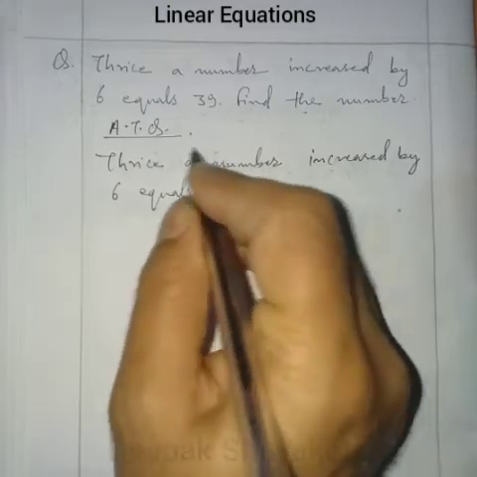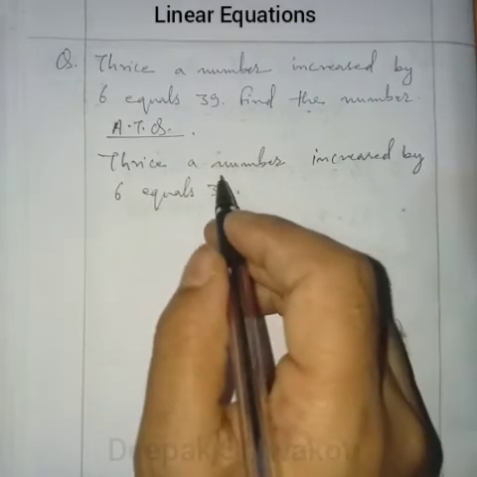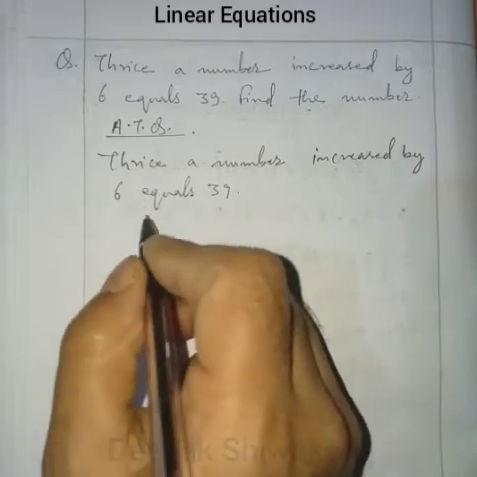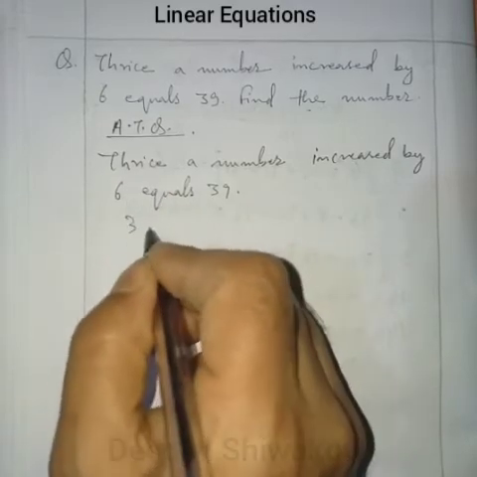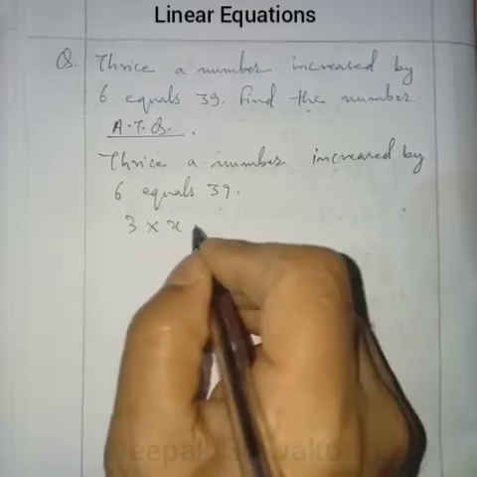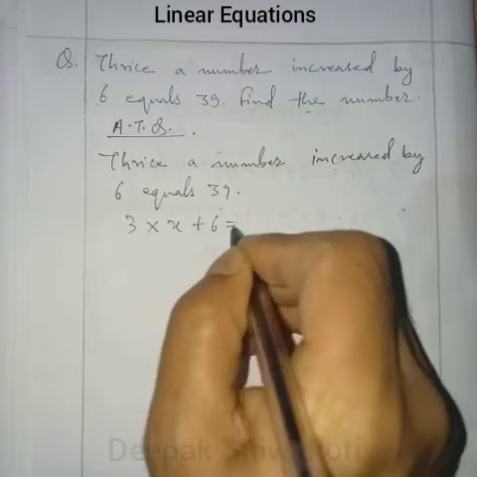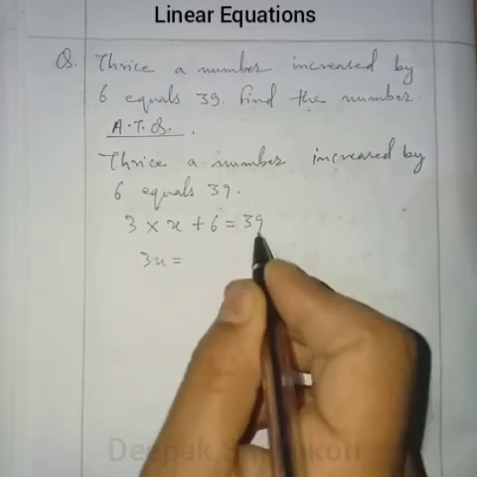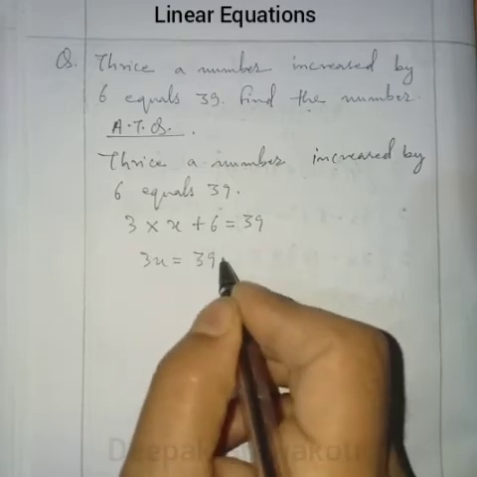So we have to give this word or this sentence in the mathematical form. Okay, so thrice means 3. Let that number be x plus 6 is equal to 39. So here 3x is 39 minus 6.